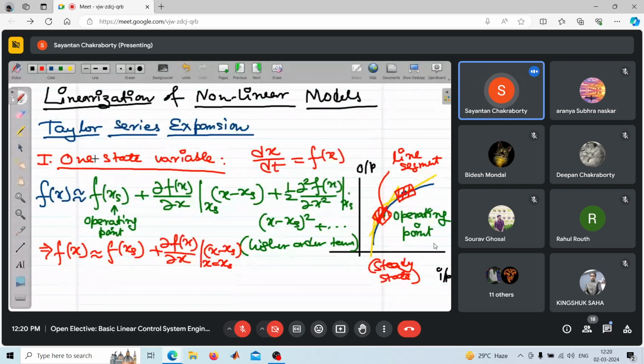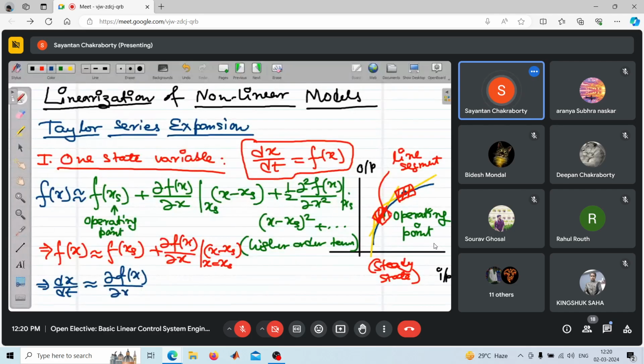Right? Now, what is f(x)? f(x) is basically dx/dt. So you can write dx/dt is approximately equal to del f del x at x equal to xs, times (x minus xs). What about f(xs)?